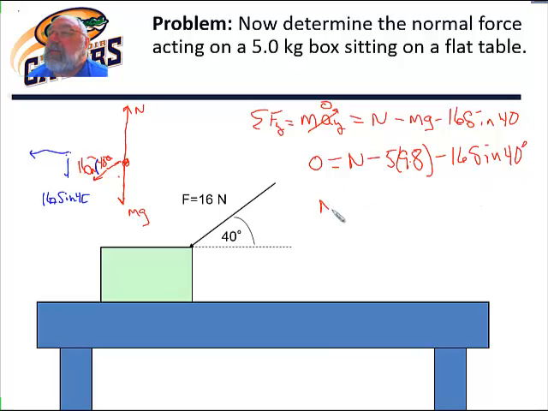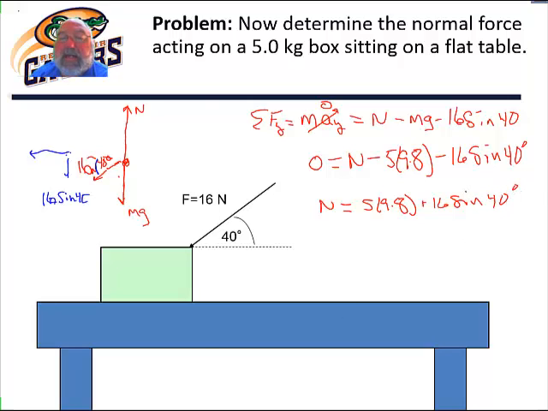Rearrange this. Normal is equal to 5 times 9.8 plus, because we're bringing it to the other side of the equal sign, plus 16 sine 40 degrees.